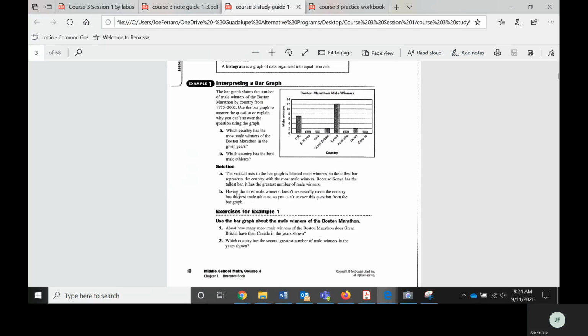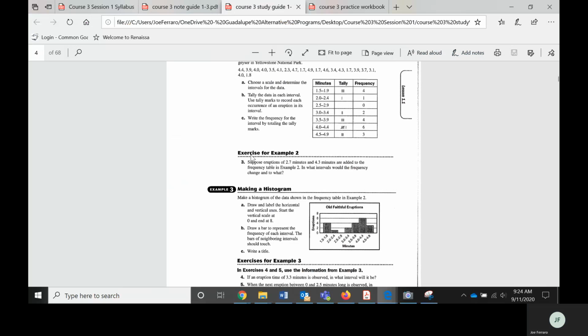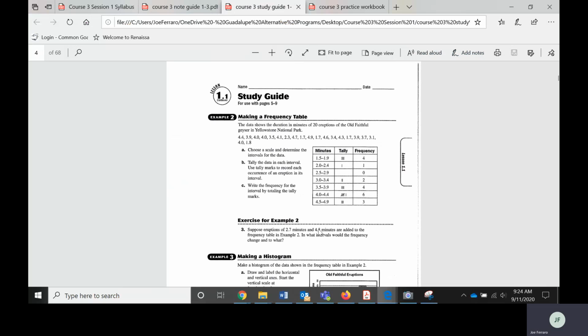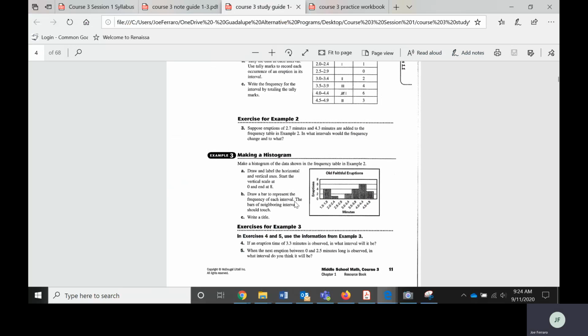So if you look and you're understanding these, you're probably good. You might not need to do the practice workbook. Again, there are some questions here. Do those. If you're understanding this, you should be good.